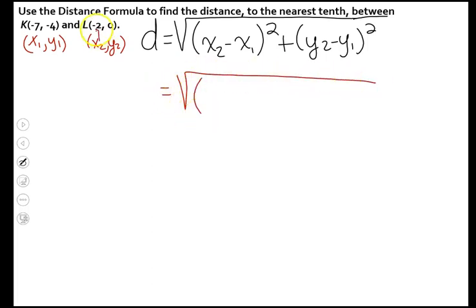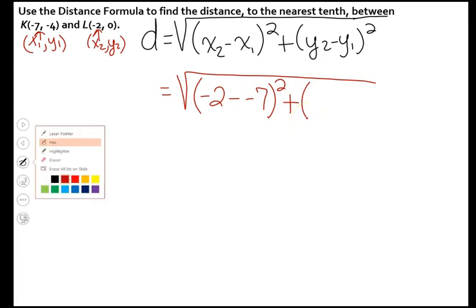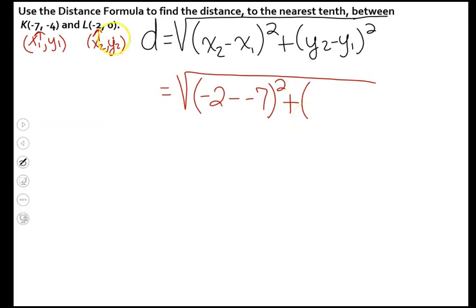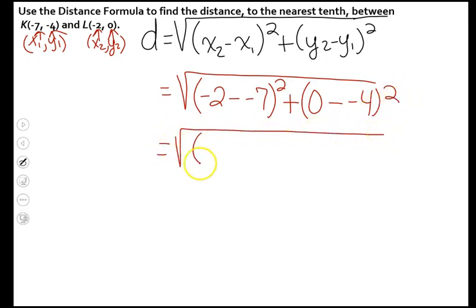So I have x2. x2 is -2 minus x1 is -7, minus -7, and squared. I'm not changing anything. I'm just plugging in what I have. So I have y2. y2 is 0 minus y1 is -4, squared. You could put it in your calculator. I'm not against the calculator. Use it.